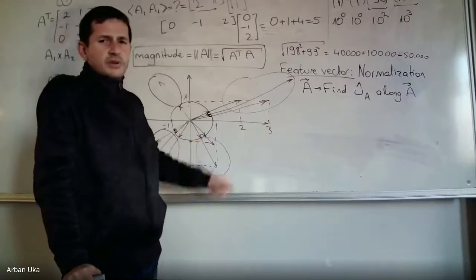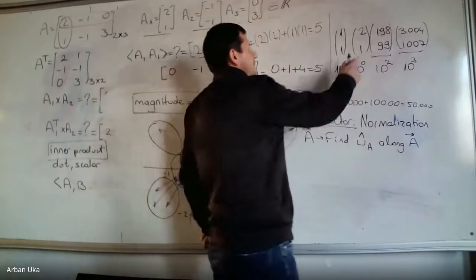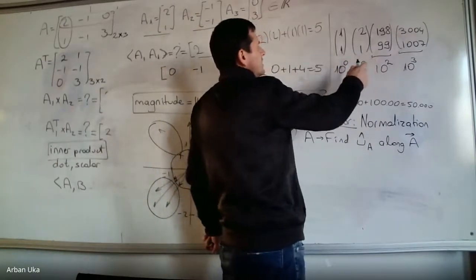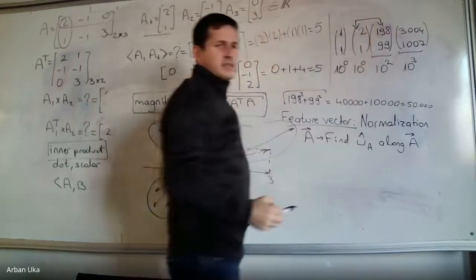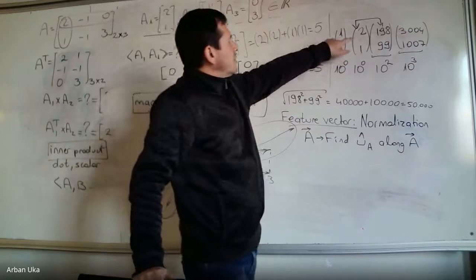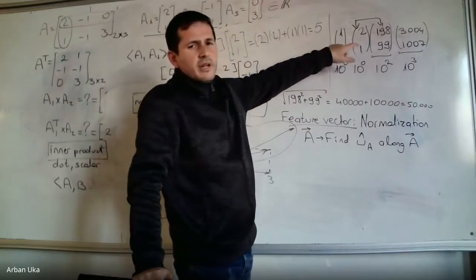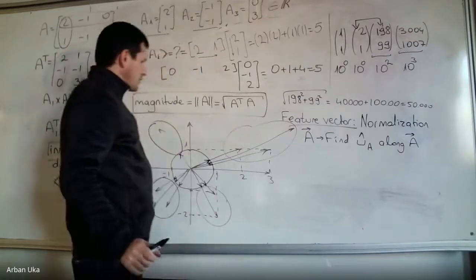Because as we saw here, for example, these two vectors, there is some indication that they are very similar to each other. Because 2, 1 creates an angle with an arc tangent 2 to 1. So what is this 2, 1?